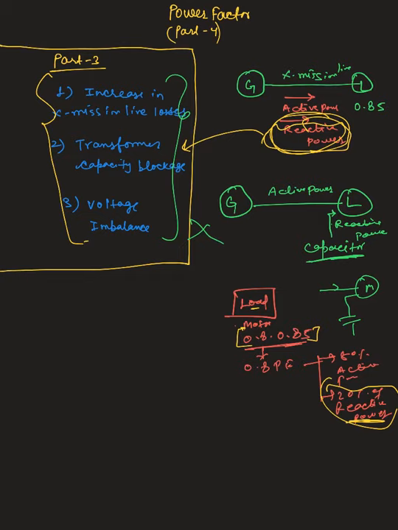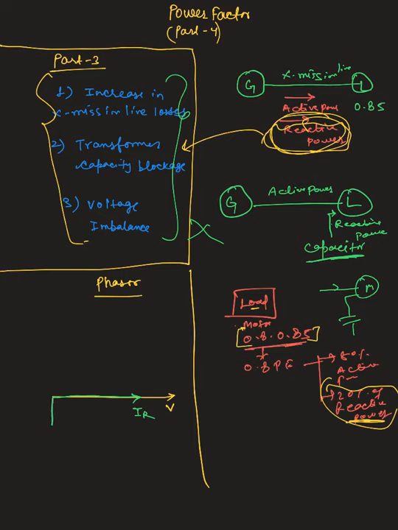Now what actually is happening when you are providing a capacitor here? So I'll draw a simple phasor diagram. See, suppose this is the voltage, and let's say this is the IR or I active, that means the current associated with the resistive part of the circuit, or current associated with the active power.